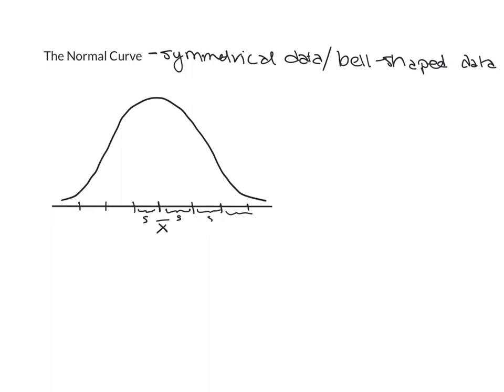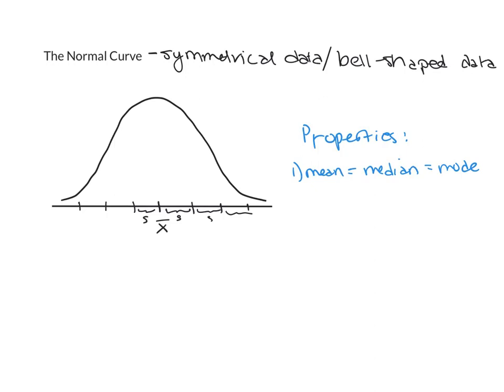Now, there are some properties of the bell-shaped curve that are useful. First, since the mean is in the middle, that also, because of the way the data works, implies that the median is in the middle, and so is the mode. All 3 of them end up being equal and in the middle.